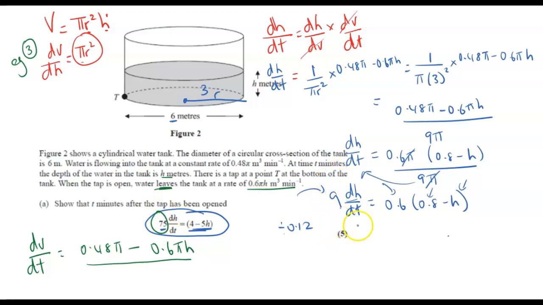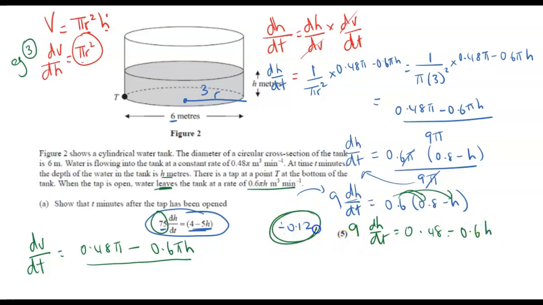So now what I will do is simply write back this here, and I will multiply this side here, and I will end up getting 0.48 minus 0.6h.